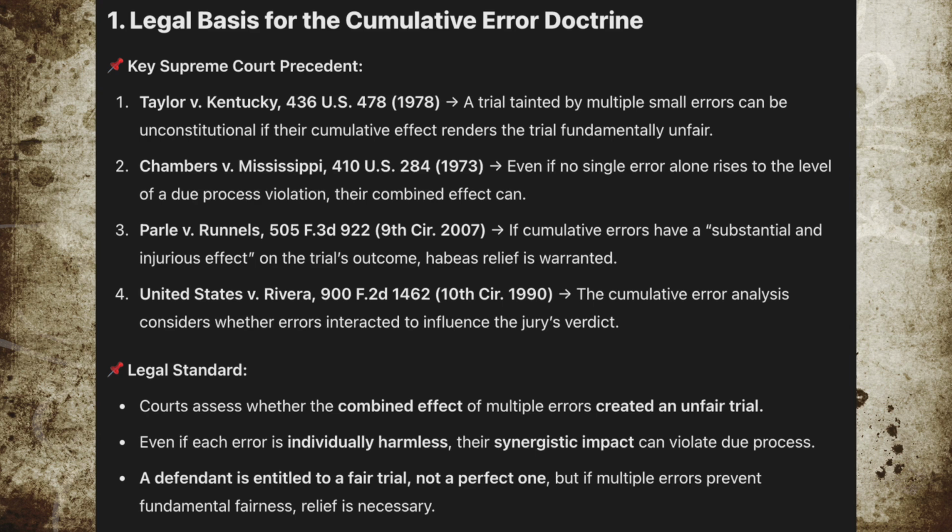Parle v. Runnels, 2007. If cumulative errors have a substantial and injurious effect on the trial's outcome, habeas relief is warranted. United States v. Rivera, 1990. The cumulative error analysis considers whether errors interacted to influence the jury's verdict.